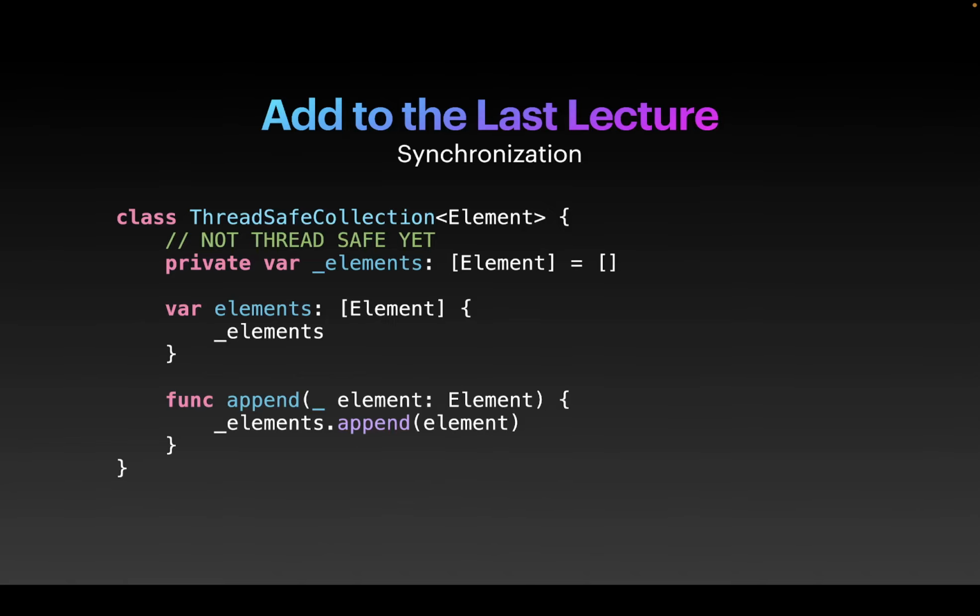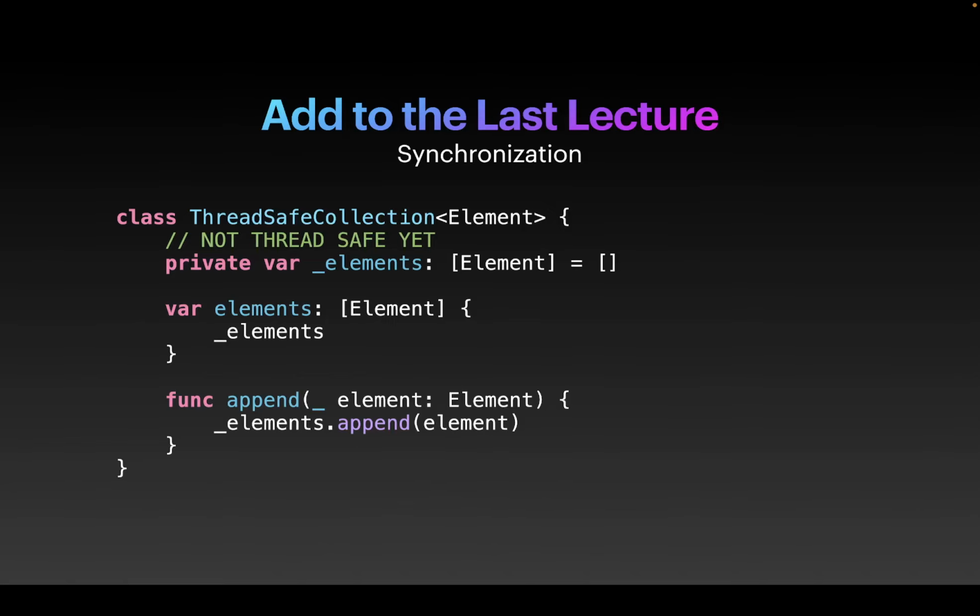The first is a computed variable that lets the user read from the internal data; it simply returns _elements. The other is a function called append, which appends something to that collection by simply calling append on _elements.